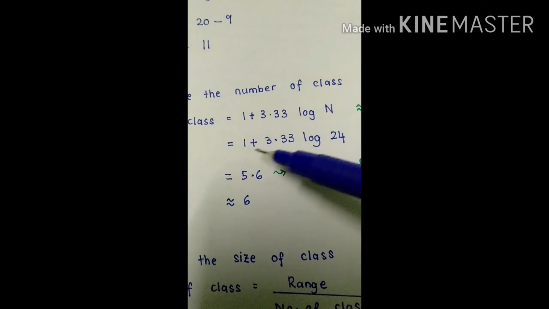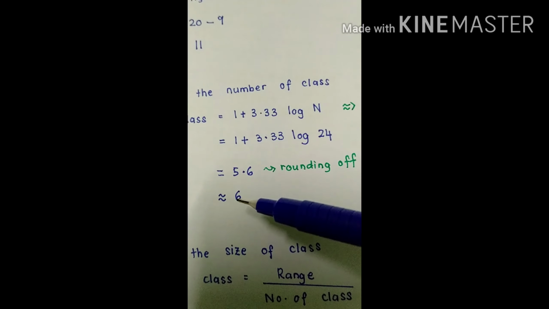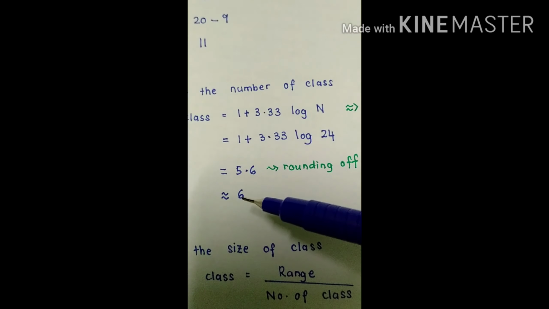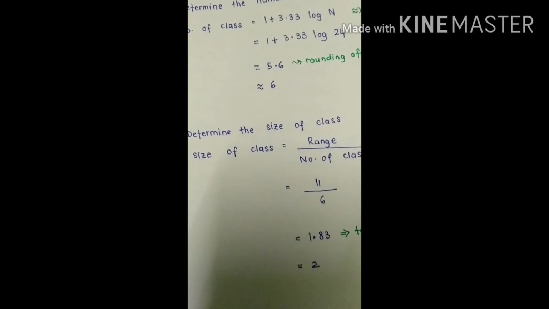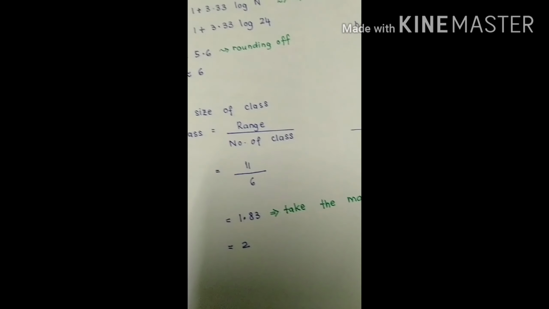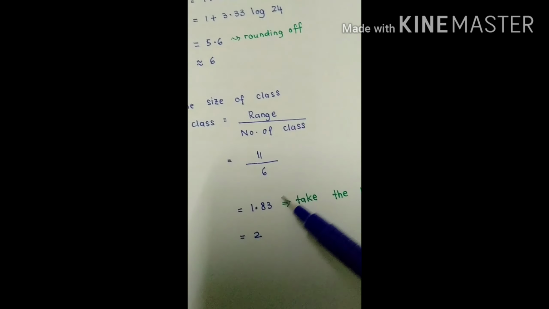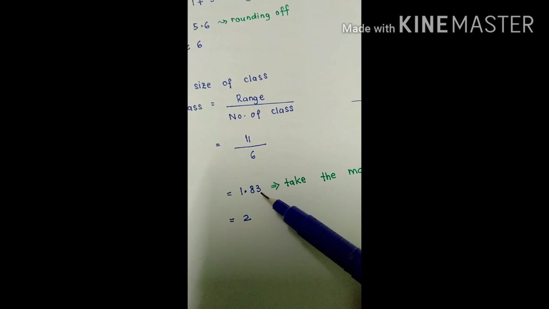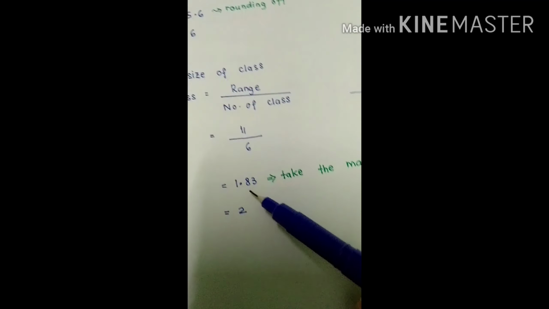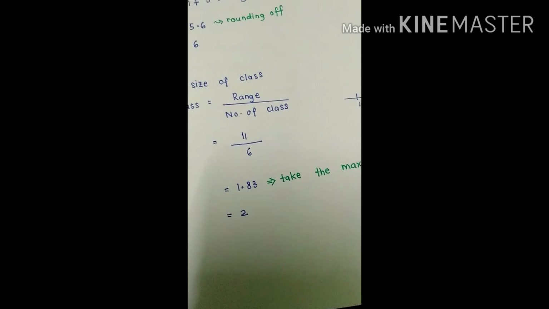For this data, we get 5.6, so rounding 5.6, we get 6 for the number of classes. For the size of class, we must take the maximum number. For our data, we calculated 1.83, so the maximum number for 1.83 is 2.